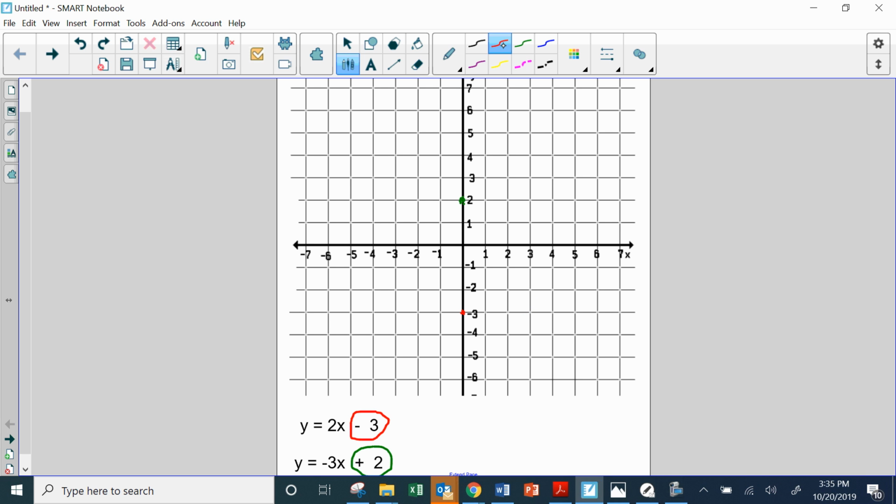So that red ordered pair right there is 0, -3. I know that ordered pair is going to be on the line. Now all I have to do, because it's the y-intercept, by definition it's on the line, is say, okay, where do I go from that point to create one more point so that I can draw the line? Then I would just connect the two points.